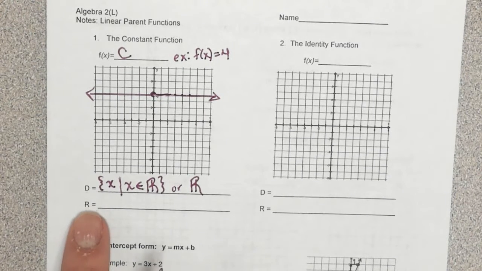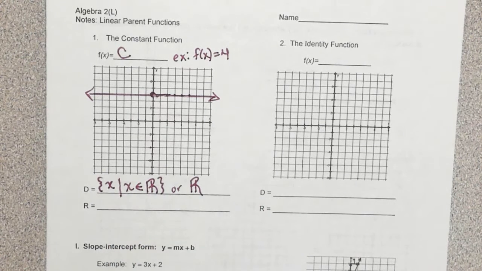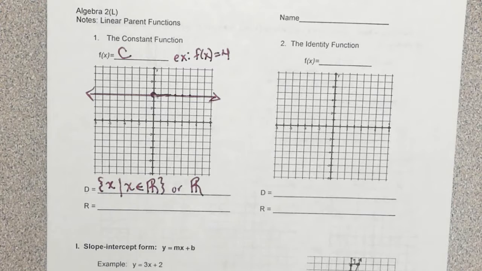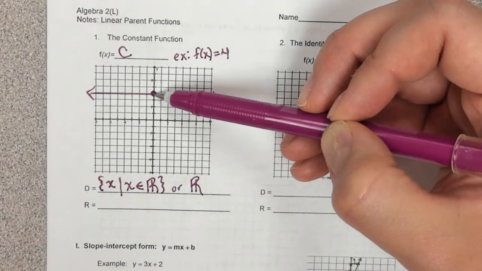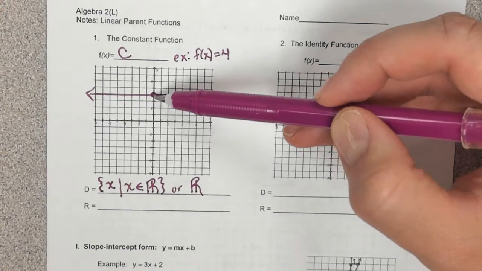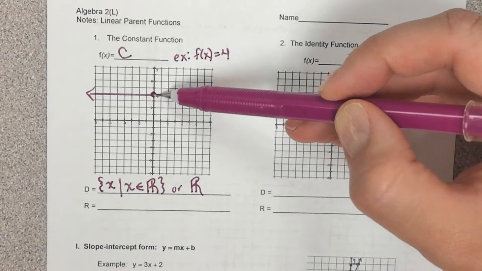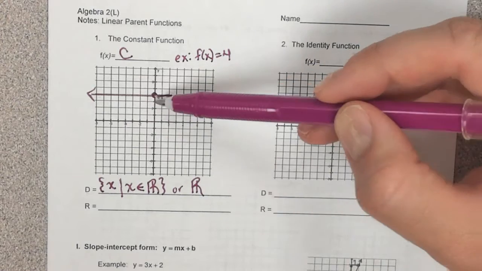All right, and then for range, we're going to look at this and see what kind of y values we have. We ask ourselves kind of the same question. Can I have positive y values? Can I have negative y values? Can I have decimal y values? Well, what do you notice about every y value on this entire line?